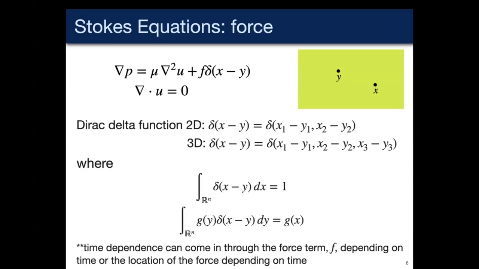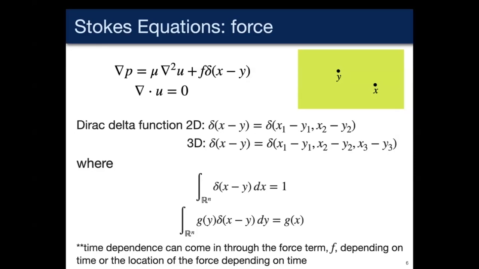Finally, I want to spend a minute talking about the force, because this is where the method of regularized Stokeslets, the numerical component, comes into play on the force term. We have this force F times our Dirac delta function, because the force is being applied at the position Y. In 2D and 3D, that's how we write it.